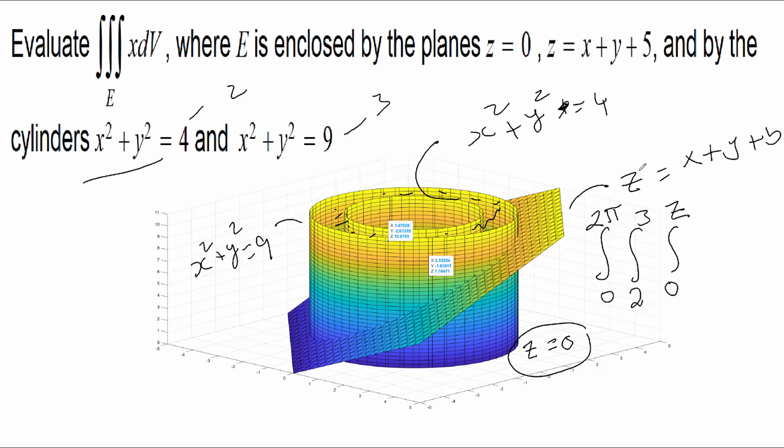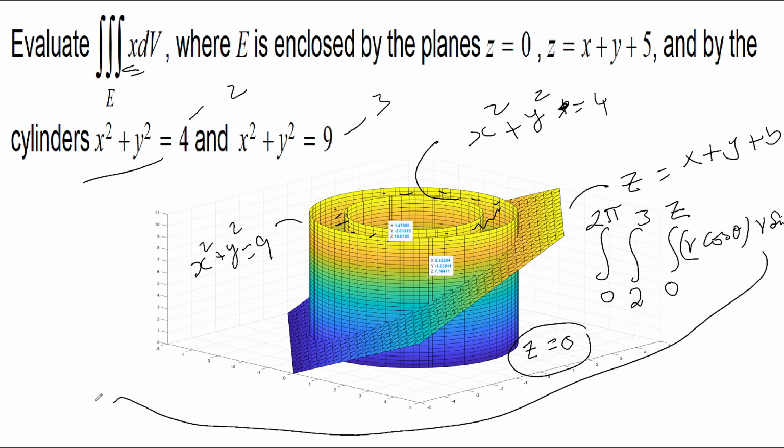And then we have x. What is x? x is r cosine theta in cylindrical coordinates, right? Just a second, I'm going outside of the recording area, so let me just write it here.